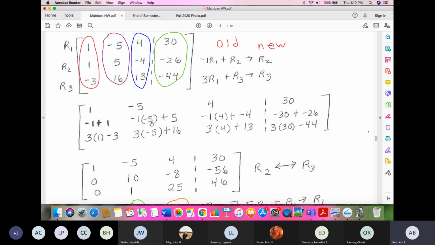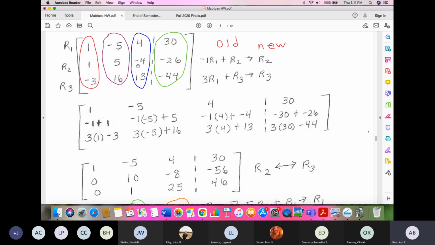So -1 times -5 plus what's in R2 of this column, which is 5, plus 5. And now let's do this one so we can stay in the same column and it doesn't get confusing. So this one starts with a 3. 3 times row 1, -5.